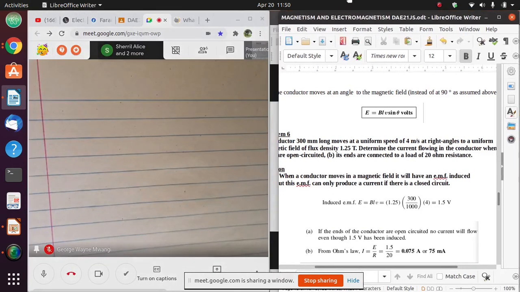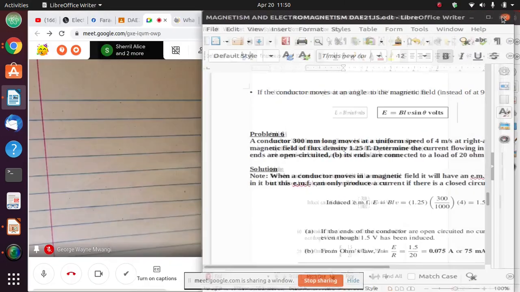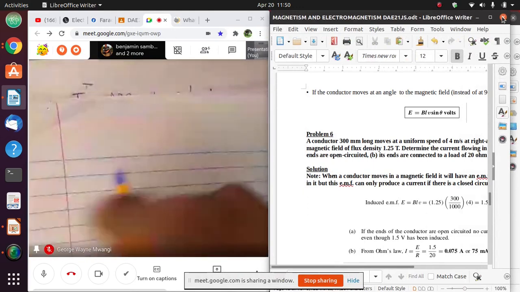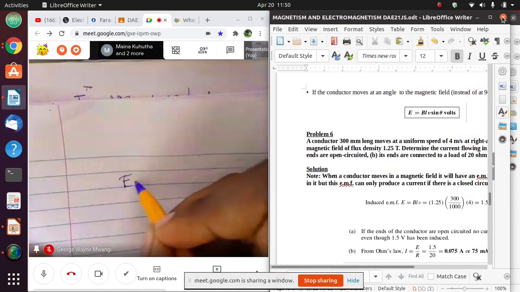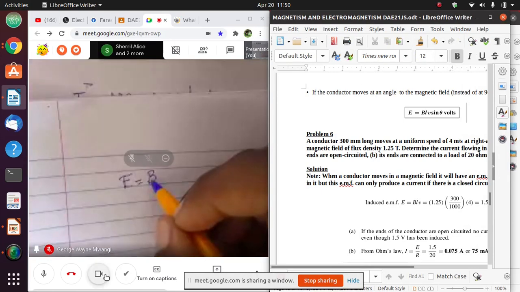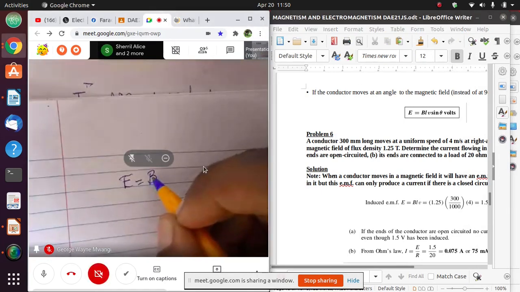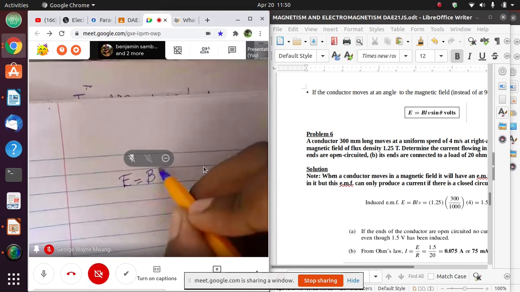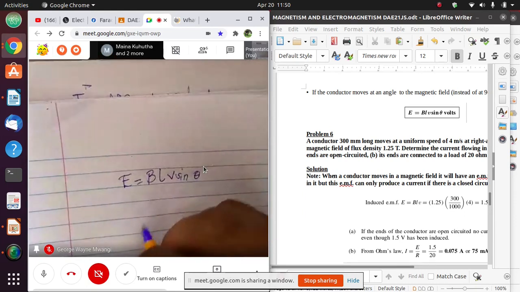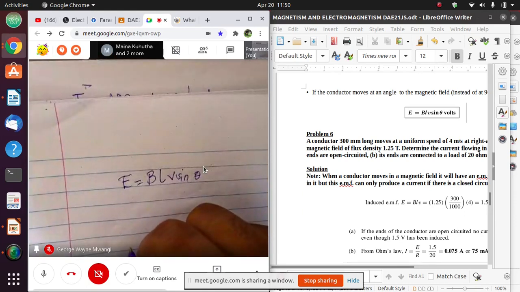Okay. From the formula that we have seen, remember that the value of induced EMF is given by B, the magnetic flux density, times the length of that conductor times the velocity, times the sine of the angle at which that conductor is cutting the magnetic field.